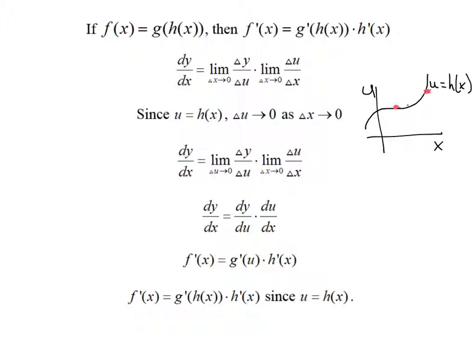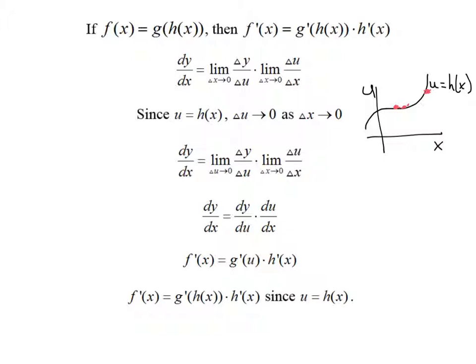Well, as they get closer and closer to each other, not only is delta x going to 0, so is delta u, the change in the output values. So this is a true statement for any function, that as delta x approaches 0, so will the change in your output values.